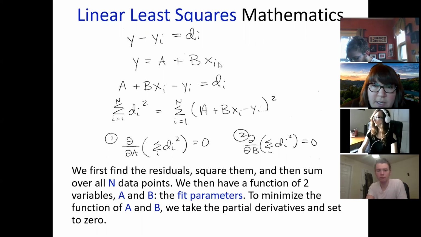So the slope times x sub i of our curve, our line, is going to give us the y value on that line. Okay, then we can substitute or combine these first two equations, and then we get the second equation here. So a plus b x i equals d i plus y i, and then we move the y i over. And that's known as the residual.